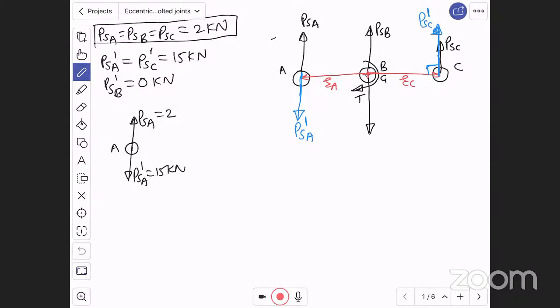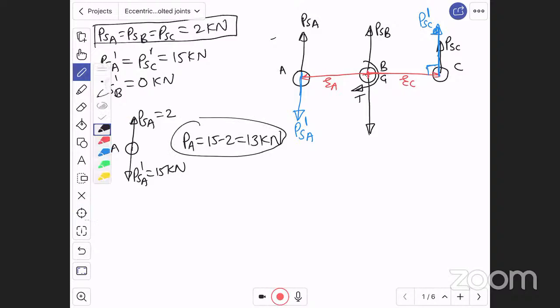Now they are directly in one line, so the resultant load on bolt A will be 15 minus 2, which is 13 kilonewton. I took downward as positive and upward as negative. The direction will be downward, that is the direction of the larger force.